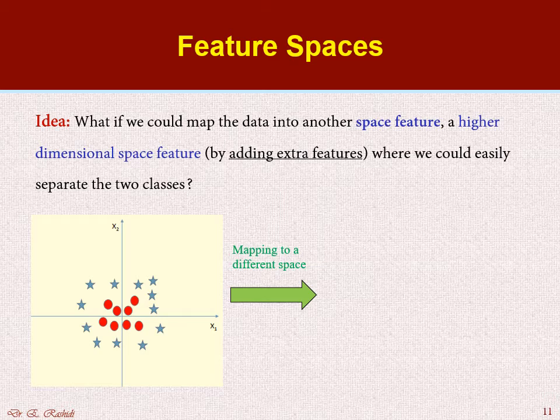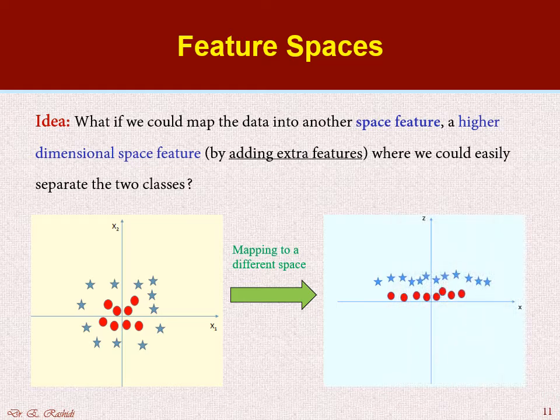So we are mapping it to a different space, a three-dimensional space. This is our x1 and x2, of which we only see one, and this is the third dimension Z. We are looking at this third dimension from the side, so we see only two dimensions.